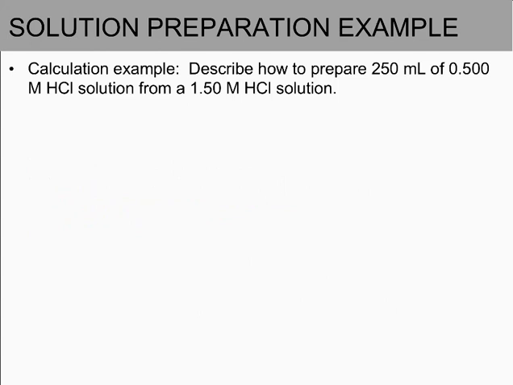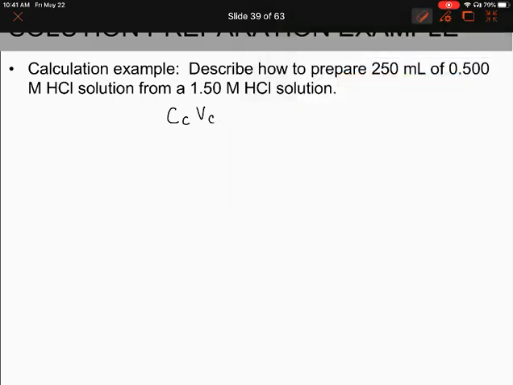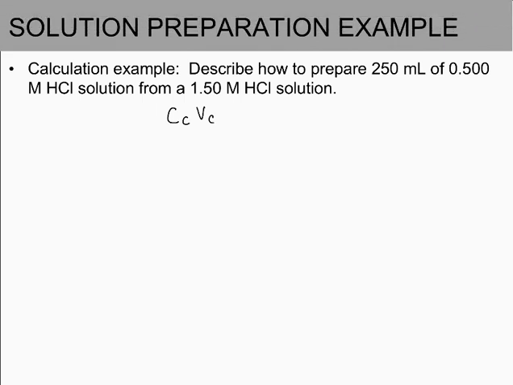So we're going to use that equation we saw where the more concentrated solution, so if we multiply the concentration of the, let's call it the stock solution, by the volume we're using, that will equal the concentration of the dilute solution times the volume of the dilute solution.